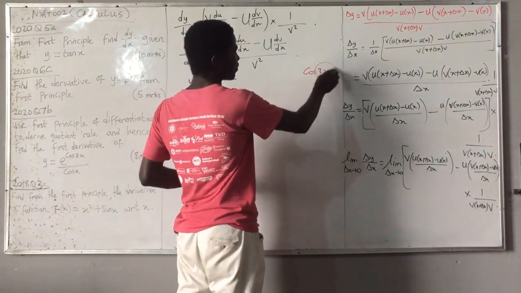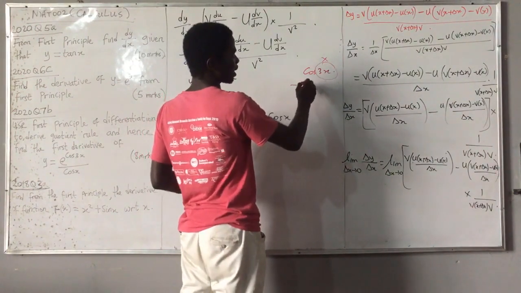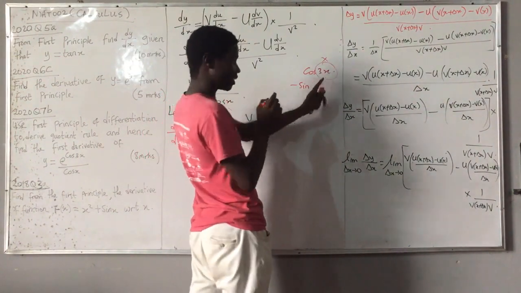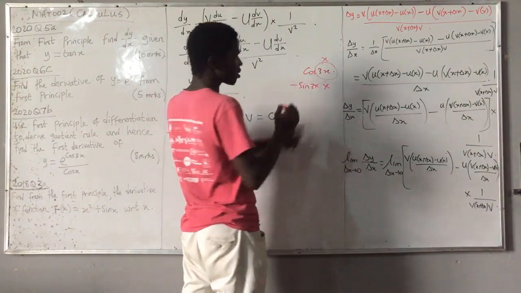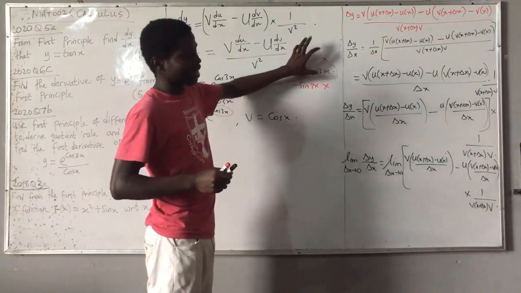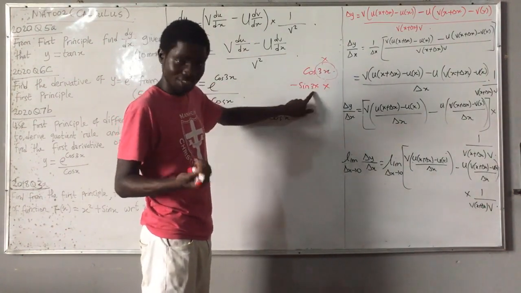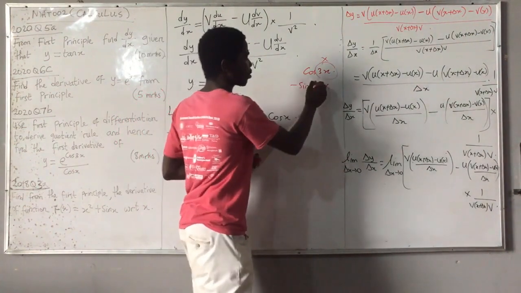Do like as if it is cos s that is there. Differentiate cos s, you have minus sine s, but it's not s that is there, it's 3s. Like cos s, the answer is minus sine s, but it is 3s, so you write sine 3s.